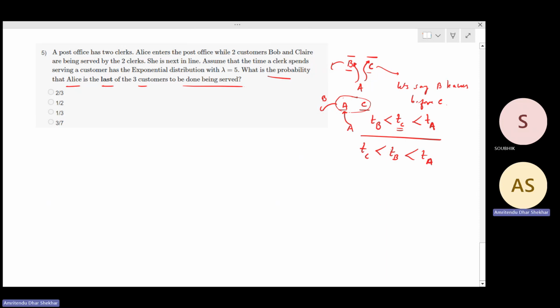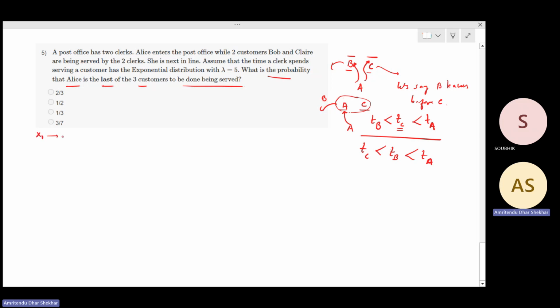So there are essentially three random variables, one for B, one for C, and one for A, which compute the time required. Let's first define the random variables.